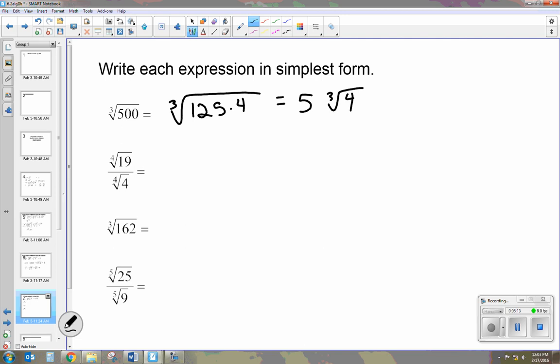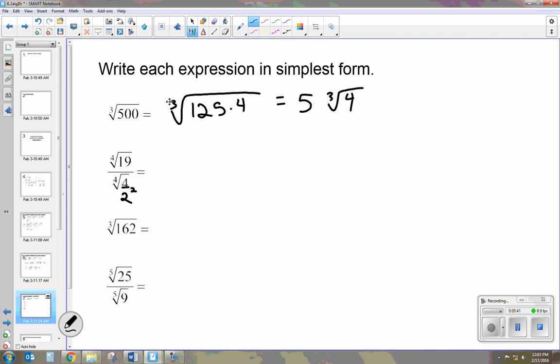Easier problem, just to look back. In this problem, our first thought might be to put them under the radical, the fourth root, but you'll notice 4 is not a factor of 19. So we're going to do something different instead in order to rationalize our denominator. We know that 4 is 2 squared, but we want a group of 4 to take out of our fourth root, so we lose our fourth root in our denominator.